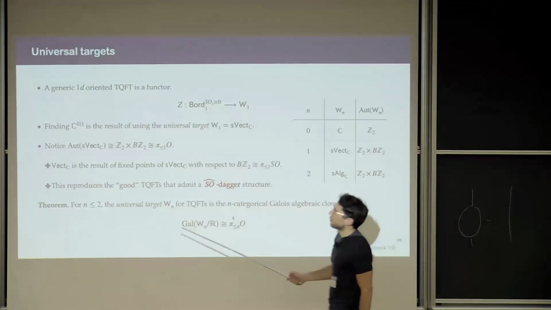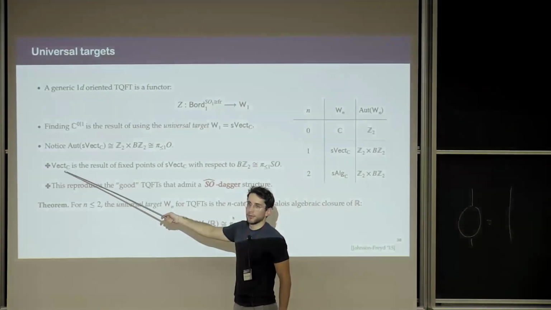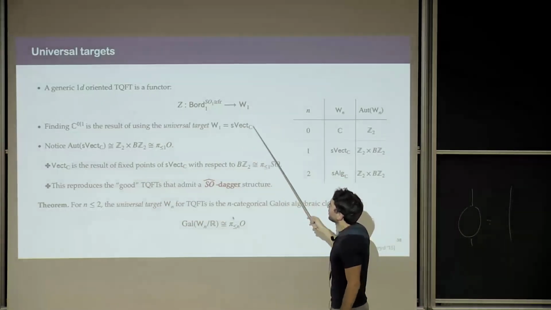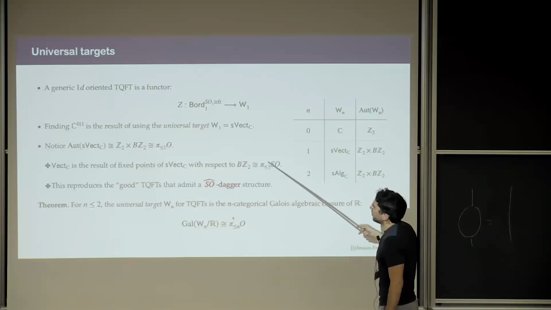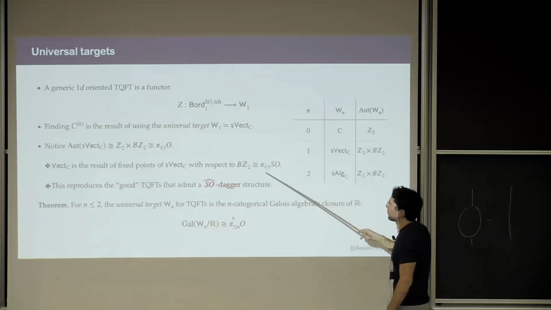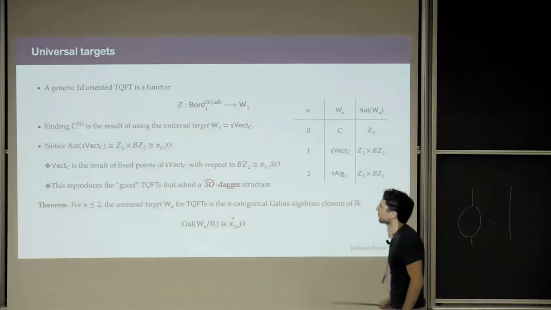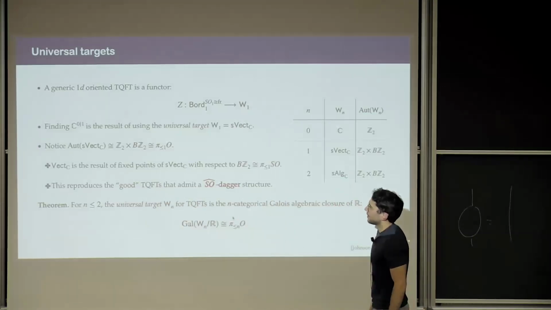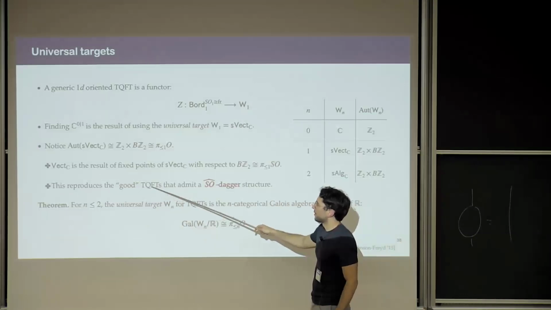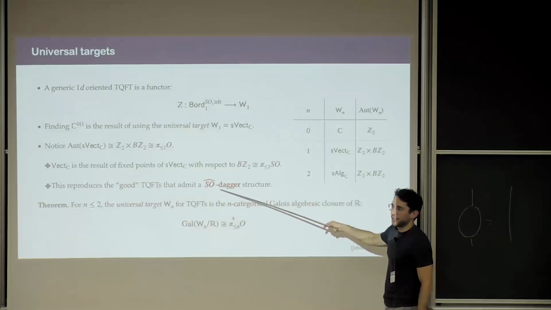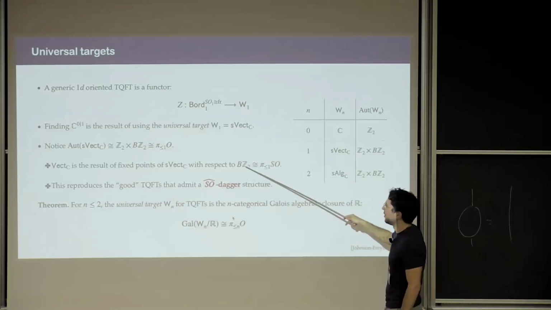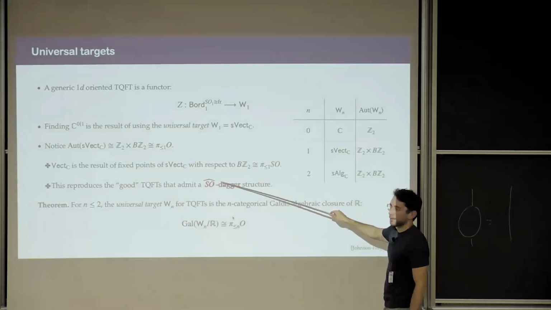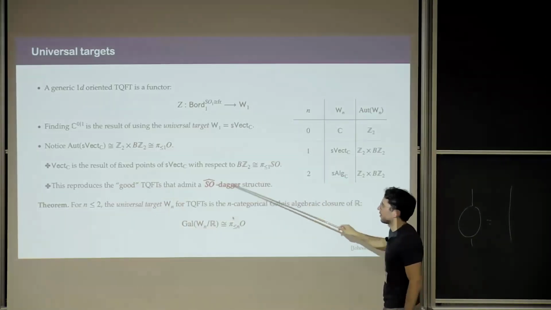So if you really want to recover, say, Vect, when we want to think about bosonic theories, it turns out that we should think about theories in SVect which are fixed with respect to an action of SO. But now we are talking about the stable version, not the unstable one. And this, we expect, gives rise to the actual good bosonic TQFTs that should admit an SO-dagger structure in any dimension, which literally means the good TQFTs that can be thought of as defects in any dimension with the corresponding unitary structure.